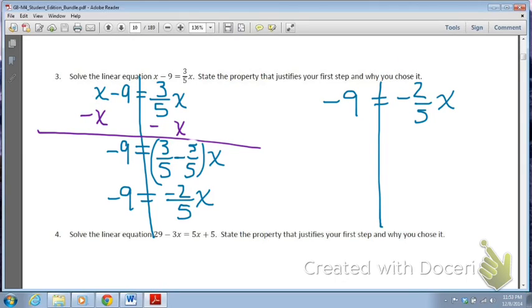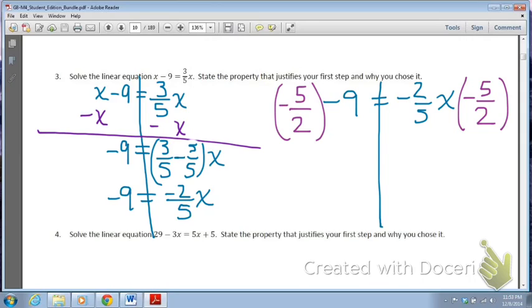So that's going to be this number right here, and I'm going to have to multiply on both sides by it. It will be negative 5/2. I chose a negative because I want to have a positive 1 coefficient there.